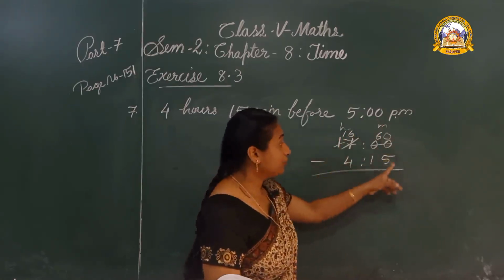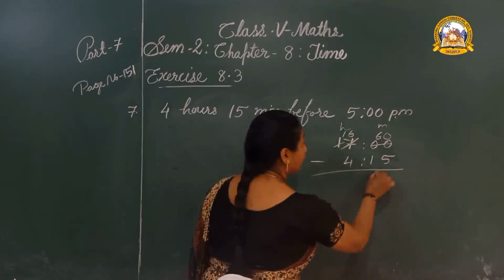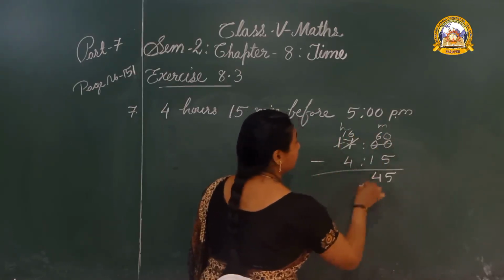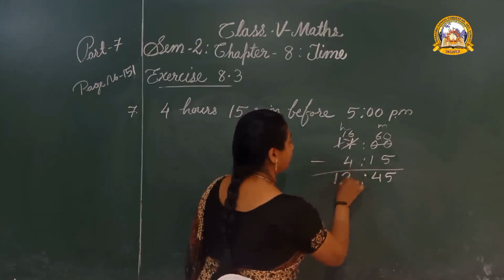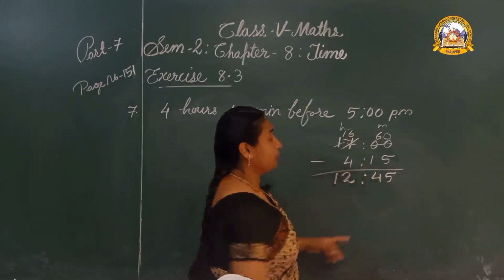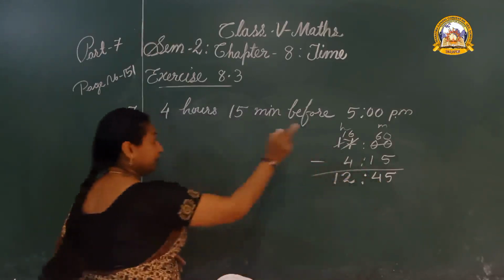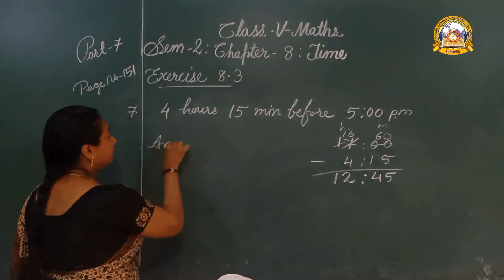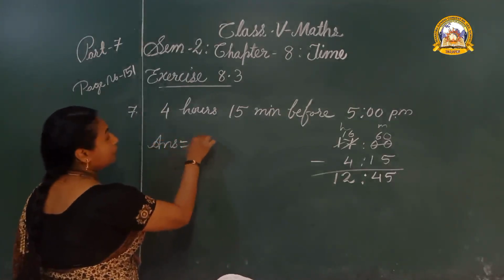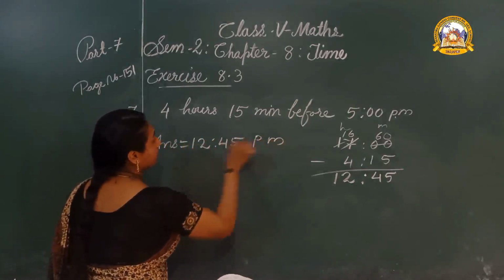Okay, now let us do 60 minus 15 is 45. Then 16 minus 4, 12. Okay, 12:45. Time 12:45 PM. Okay, answer 12:45 PM.